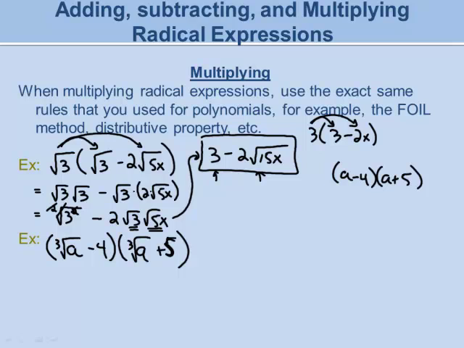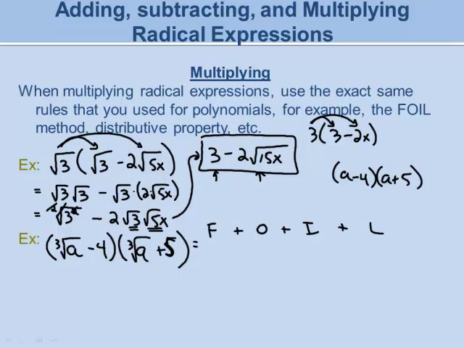Like, for example, the FOIL method, or maybe you know the chart method. Distributive property also works for that. I'm going to use the FOIL method because I think most people remember the FOIL method better than maybe some of the other methods.